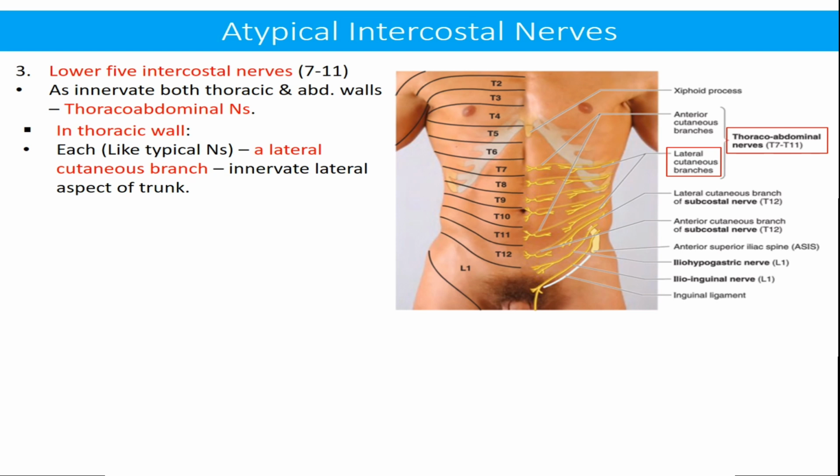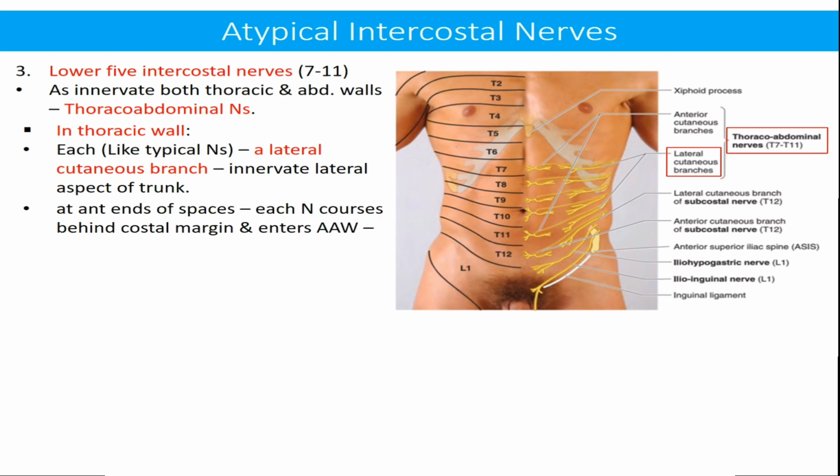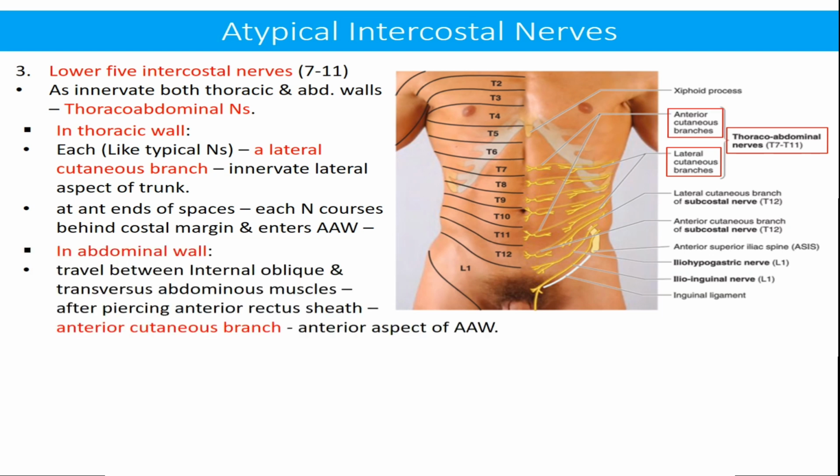aspect of the trunk. At the anterior end of each space, each intercostal nerve courses behind the costal margin and enters the anterior abdominal wall. In the abdominal wall, each intercostal nerve travels between the internal oblique and transversus abdominis muscles.